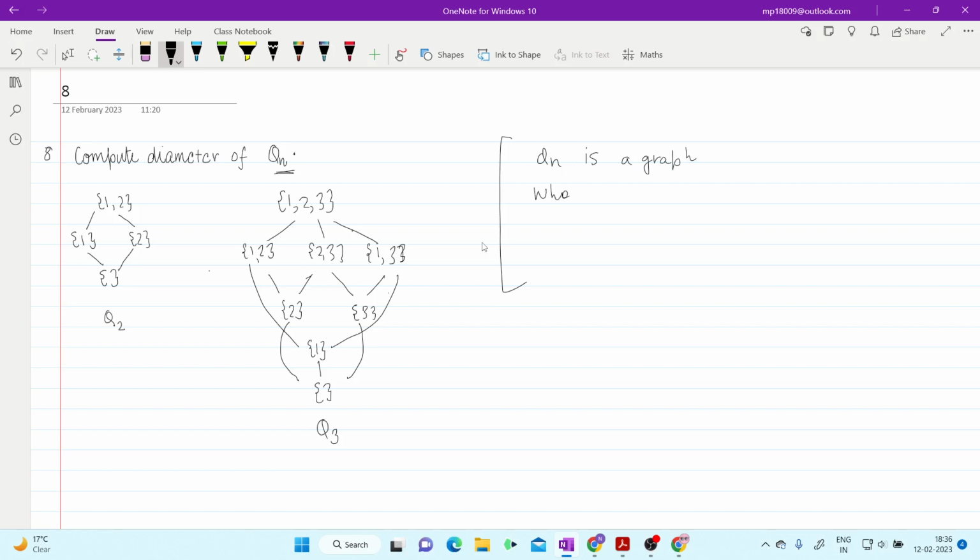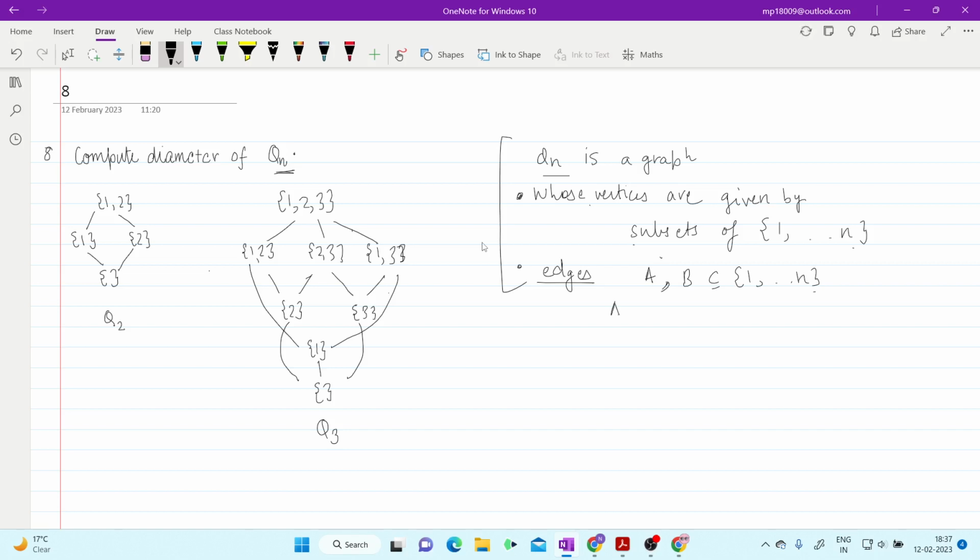whose vertices are given by subsets of this set 1 till n. So Qn is a graph whose vertices are given by subsets of this, and for edges, A and B are two subsets of this set of n elements.